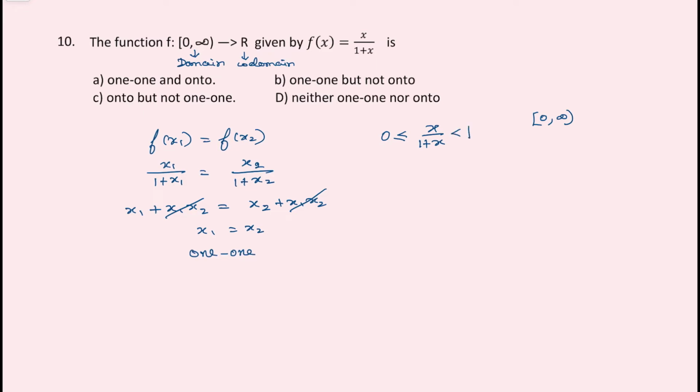Therefore, this ratio will be less than 1. So the range of this function is 0 to 1. For all other real values, there are no pre-images. Therefore, it is not an onto function. It is one-one, but not onto. B option is the correct option.